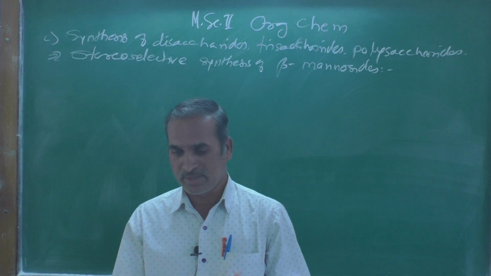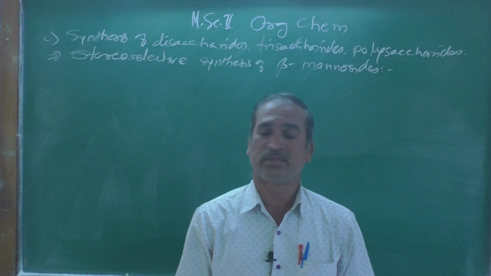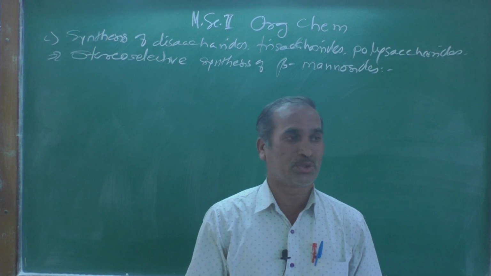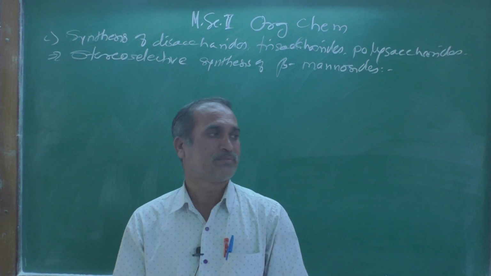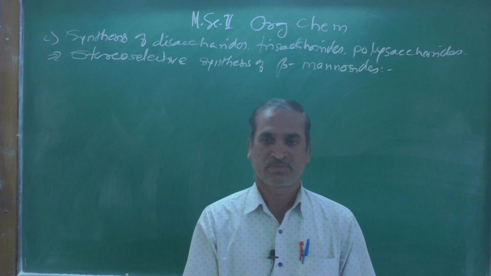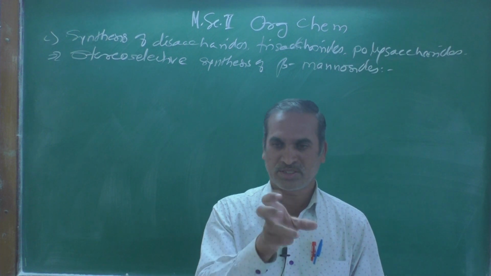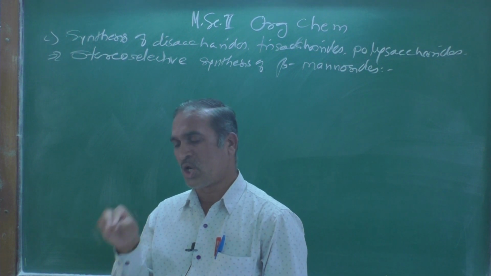And another one, trisaccharide, means it is made up of 3 sugar units together, and then observe whether they exhibit a hemiacetal structure in their compound or not.